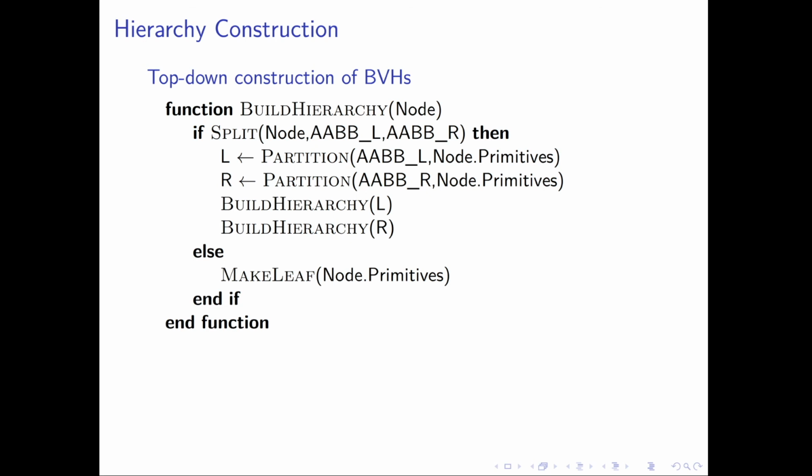It is important to say that it is not a necessity that we construct binary bounding volume hierarchies. They are popular, but for instance, NVIDIA doesn't publish this, but it's quite likely that they don't use binary BVHs, but BVHs with a wider branching factor.